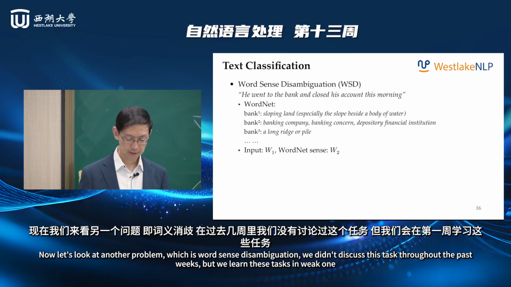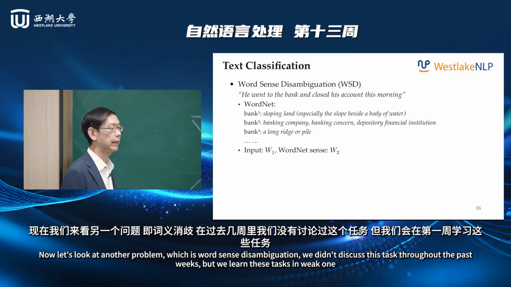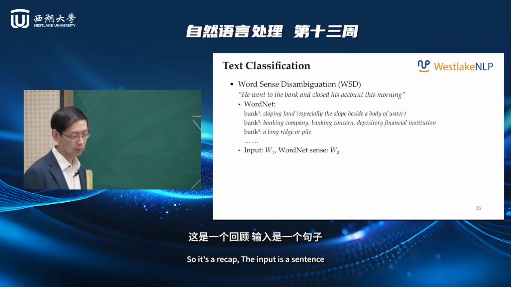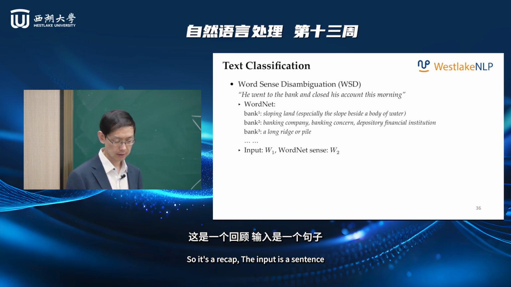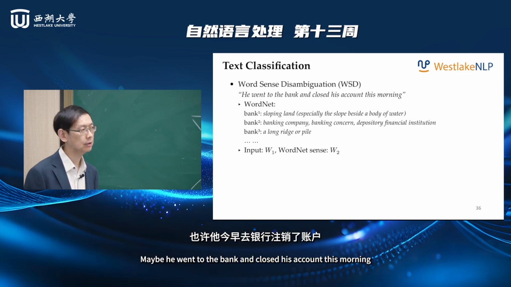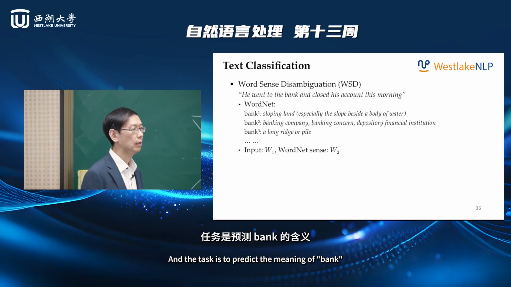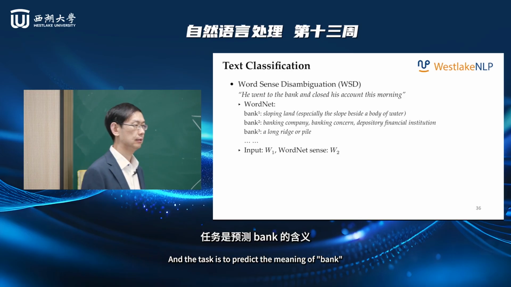Now let's look at another problem, which is word sense disambiguation. We didn't discuss this task throughout the past weeks, but we learned this task in week 1, okay? So it's a recap. The input is a sentence. Maybe he went to the bank and closed his account this morning, and the task is to predict the meaning of bank.